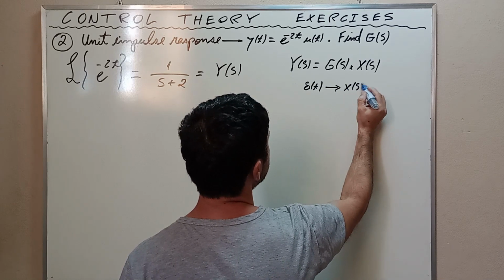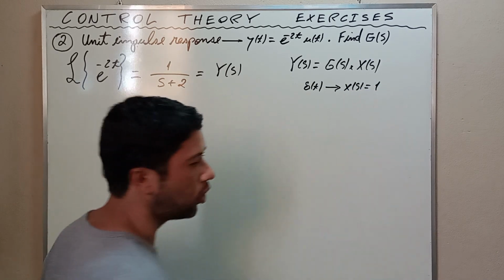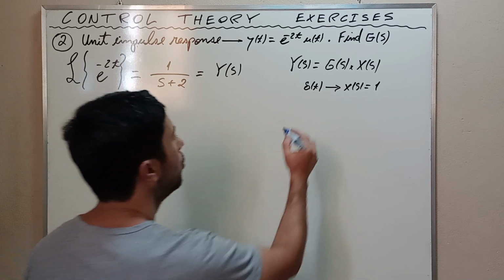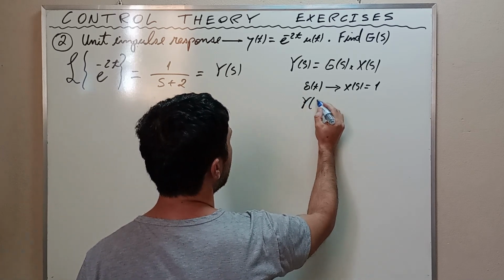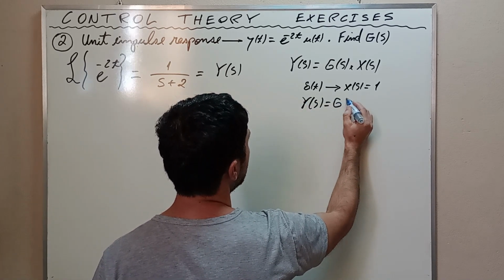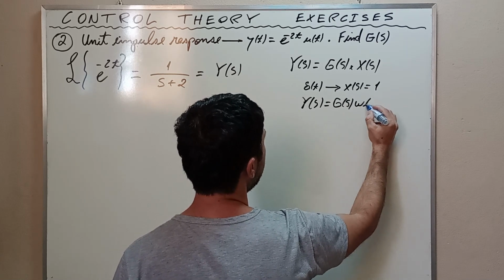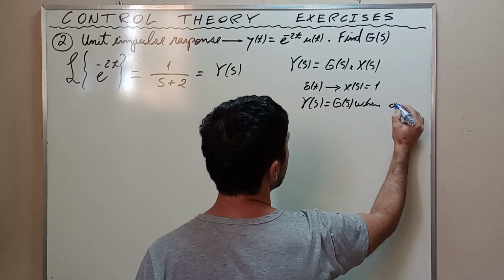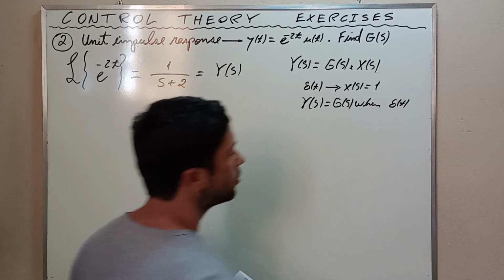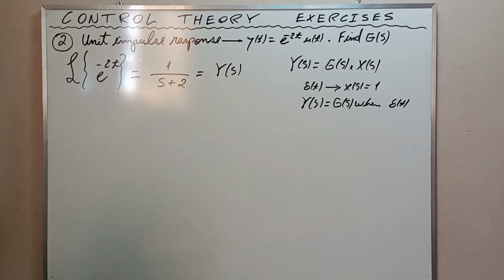X(s) is equal to 1. Consequently, Y(s) is equal to G(s) when the input is the impulse. Alright, my friends, this is all we need to understand.